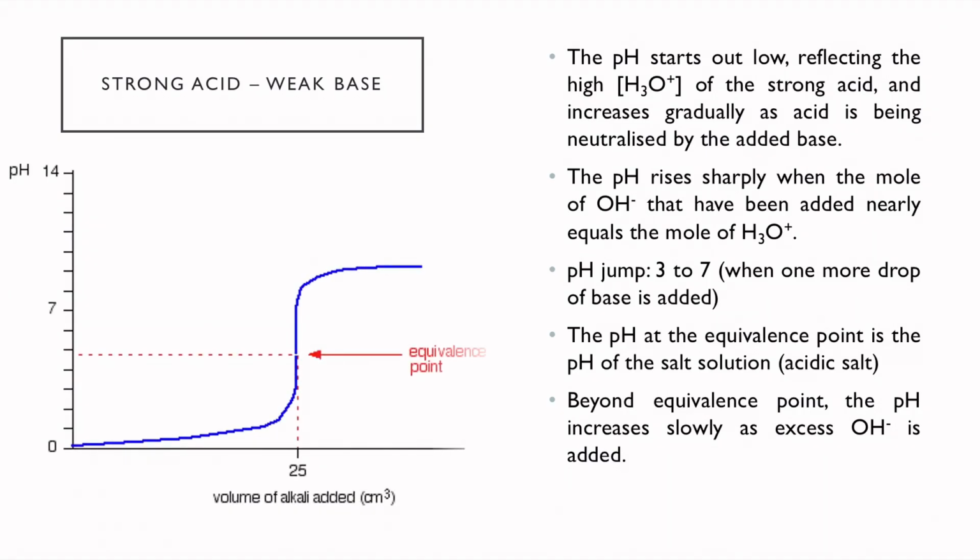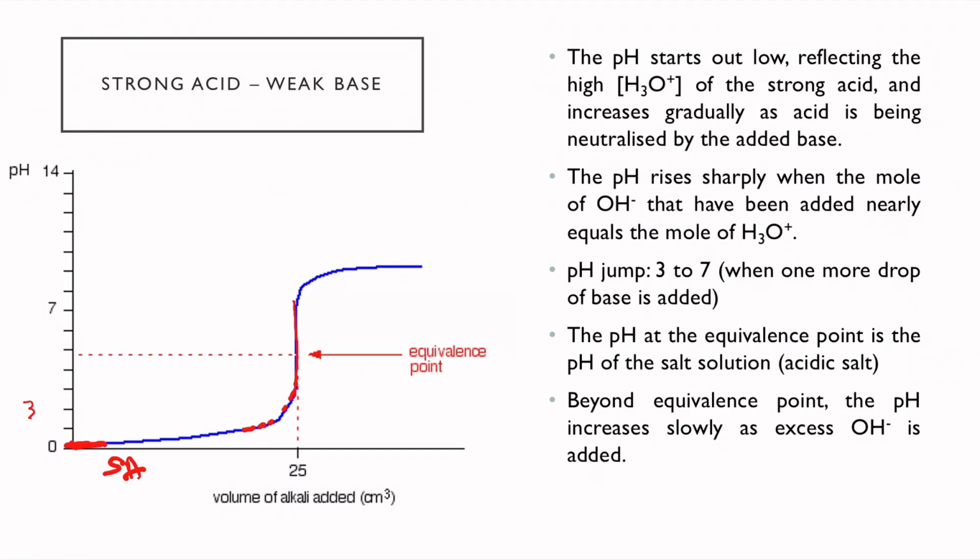Boleh eh? So this is strong acid dengan weak base. So for strong acid and weak base, maksudnya awak ada strong acid kan? So you will start from a very low pH because of high concentration of acid, because strong acid kan? And then when you add base, the pH will gradually increase, and then you will approach the equivalence point. Your pH jump will be from 3 to 7.